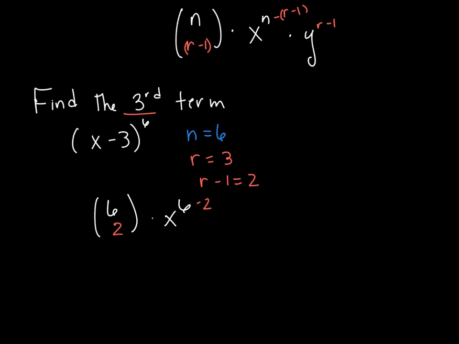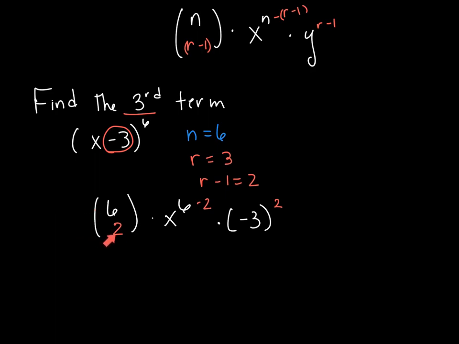And in this case, y is equal to negative 3. So that's going to be times negative 3 to the 2nd power.